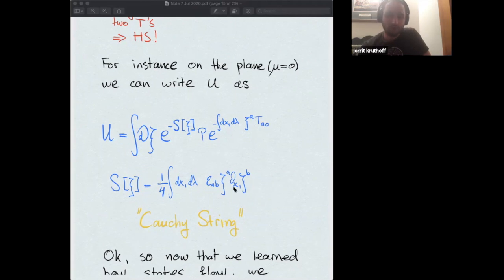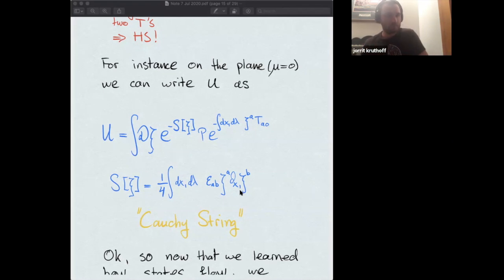And this partial x1, the derivative piece here, is there because on the plane, the inverse of this differential operator is the Green's function that we already saw in the definition of chi.